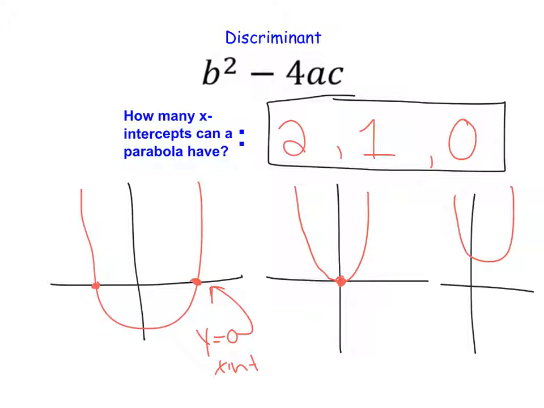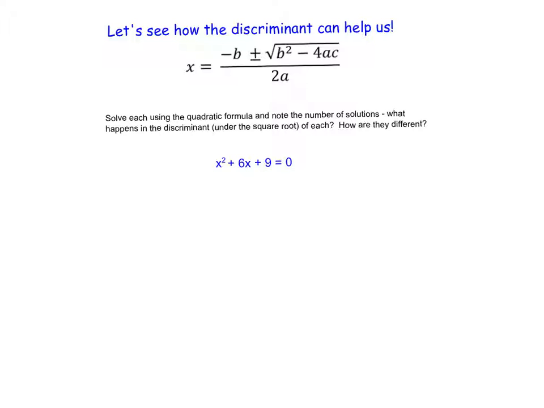And moving forward, we're going to use this discriminant to help us predict how many solutions we will have before we actually solve an equation that contains a quadratic. So in the next few slides we're going to do 3 examples, and each one of these examples will have a different value for the discriminant, and then we'll, as a result, have a different number of solutions.